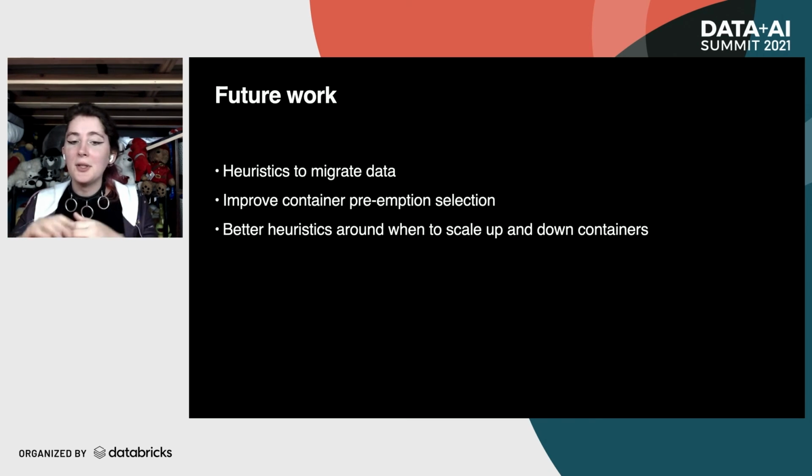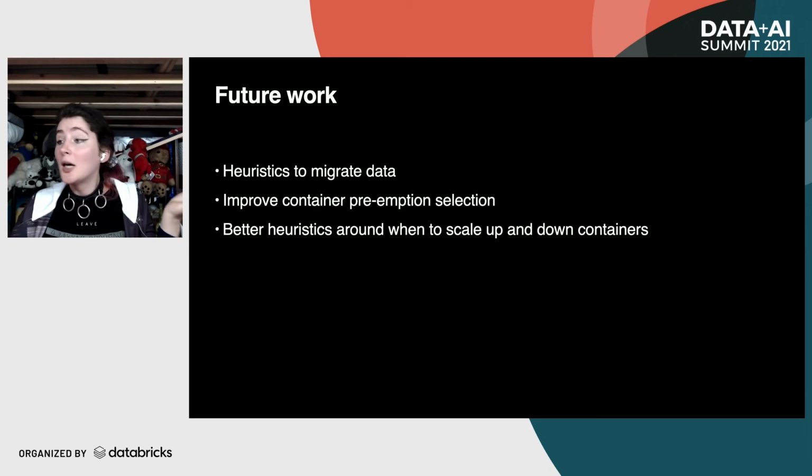Another one that I noticed is we could really use better heuristics around when to scale up and down containers. And this is not specific to this work, right? You don't have to be a cloud native or Kubernetes user.